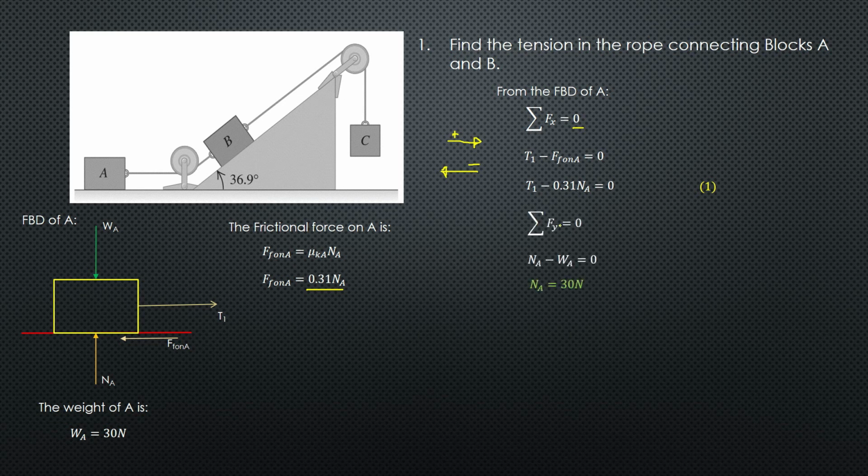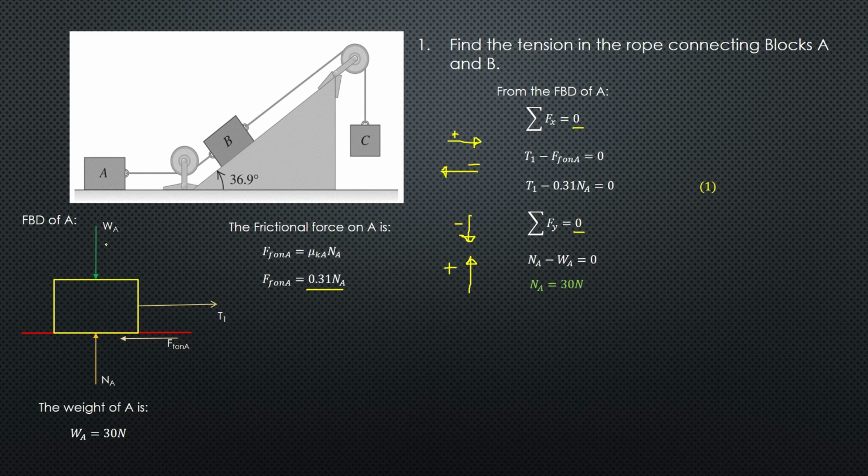Now, the summation of forces along Y is 0. Again, we assume that the given objects are not moving. For the vertical component, the downward direction is negative and the upward direction is positive.